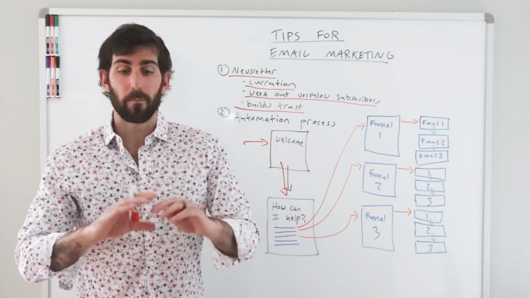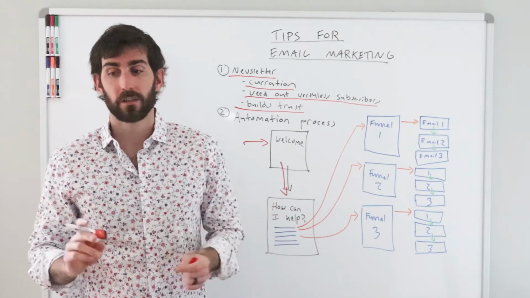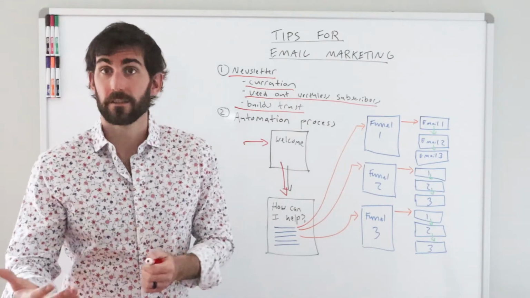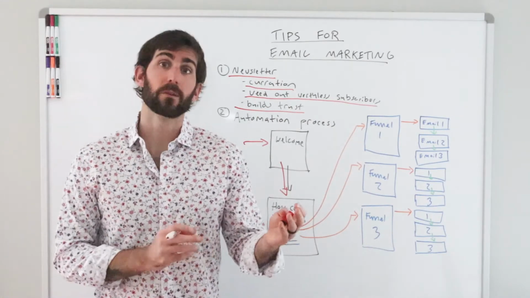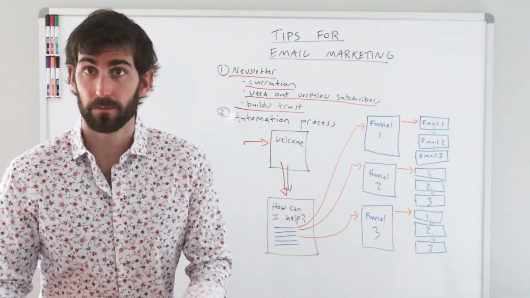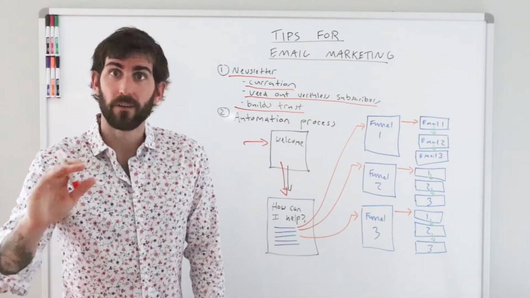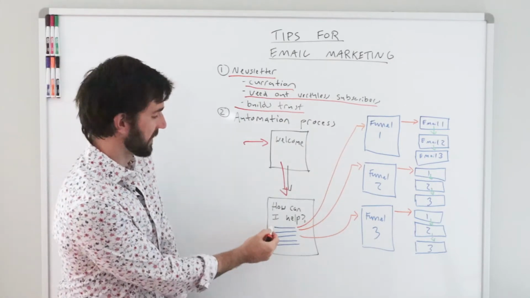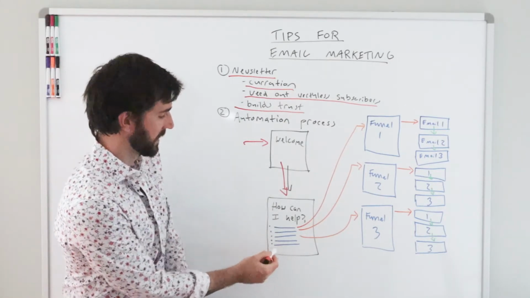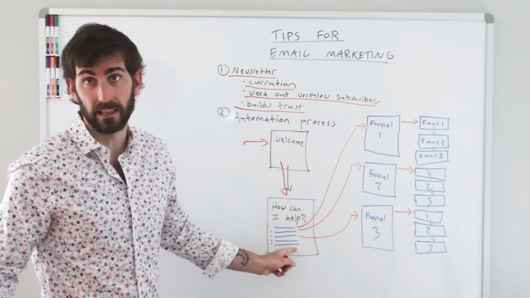You want to put a paragraph that says something along the lines of, "These are the services we provide. This is how we want to add value to you as the potential customer." And then you create a list of options. And that is represented right here. Each one of these blue lines is a link.